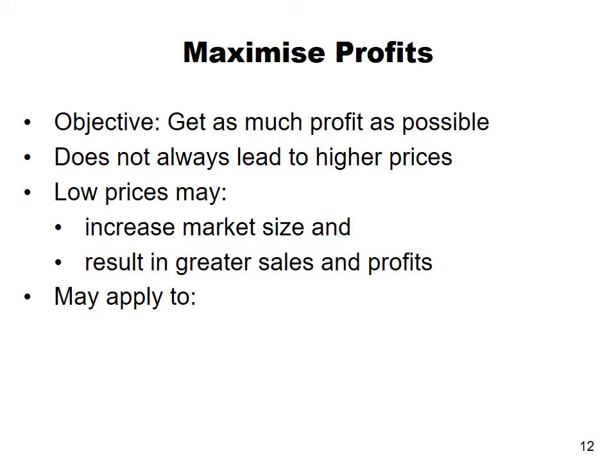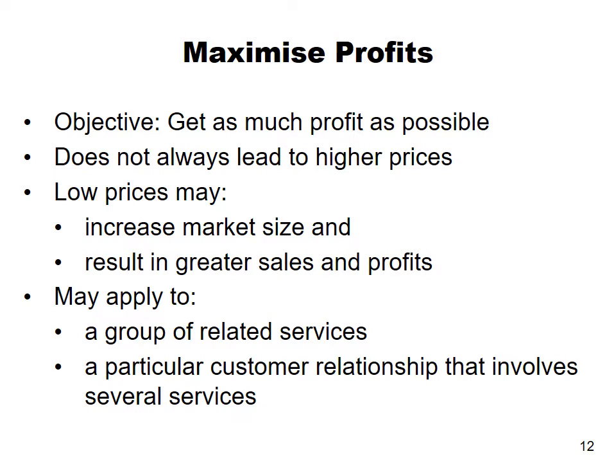It may apply to a group of related services or a particular customer relationship that involves several services. Sometimes one customer may have many products and services, so the bank may reduce the price of one so as to increase the income from other products and services.